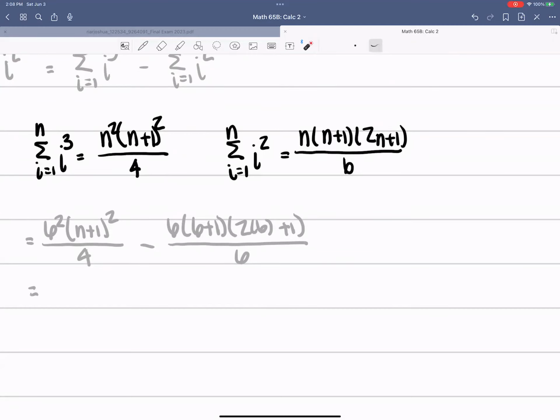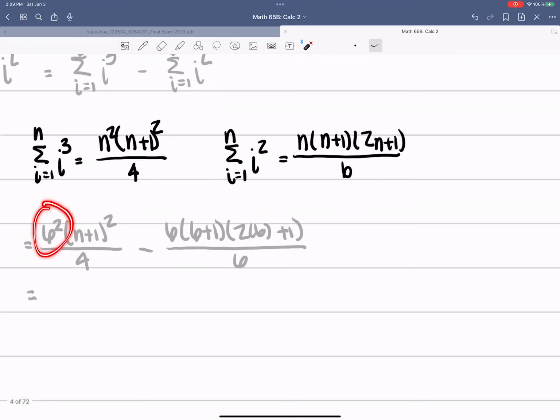And now let's start to factor. All right, so 6 squared, it's going to be 36 times, I know I put n, but I should have put 6 here. 6 plus 1 is 7, 7 squared is 49, and we're dividing that by 4. The 6's divide out, that's nice.